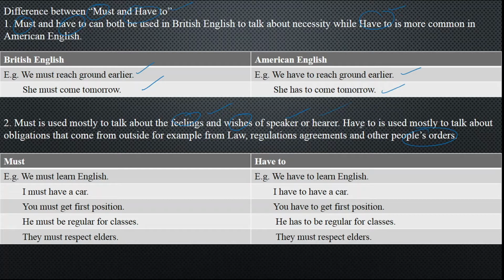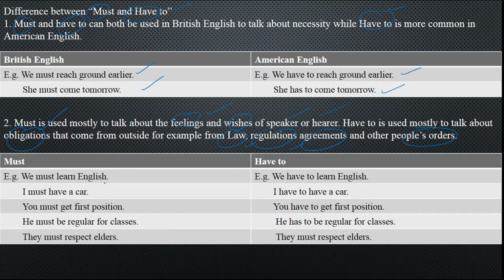But keep in mind, have to is used for obligations where you don't have the choice whether you are willing or not; you need to do it. They come from outside: the law says these are to be followed, regulations say those are to be followed, as do agreements and people's orders.